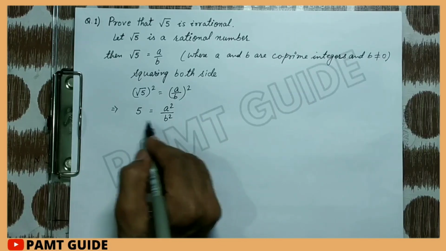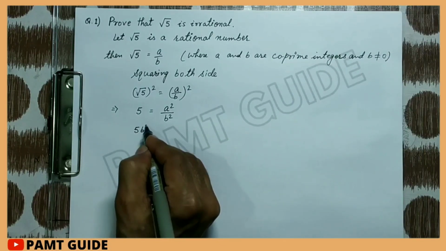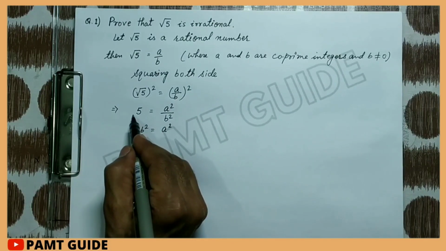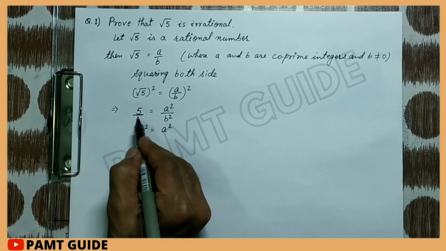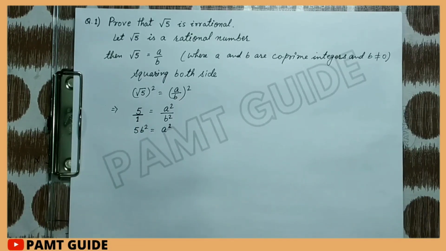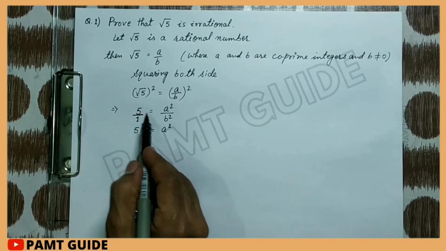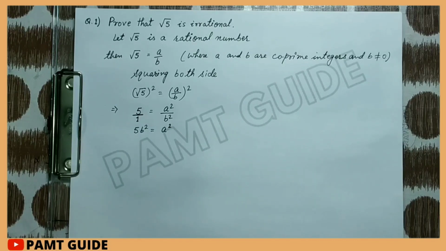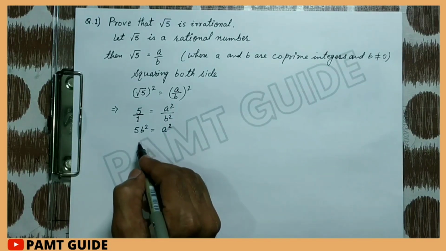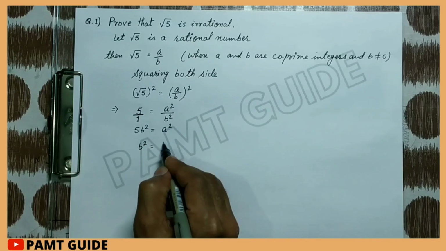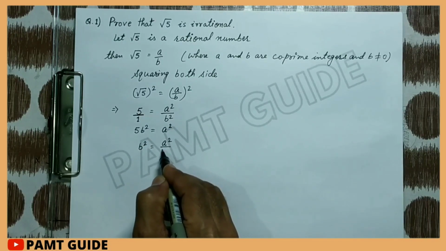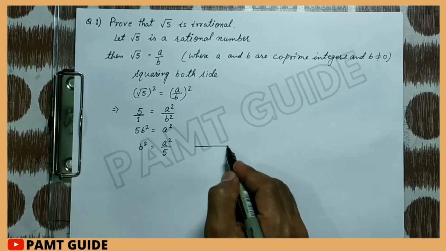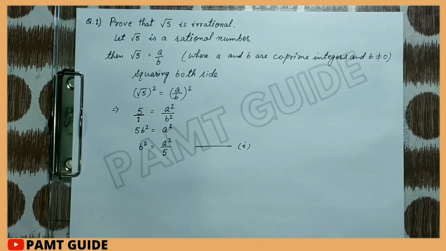When we cross multiply, we get 5b square equal to a square, because there is no denominator, so we take 1 as a denominator. When we cross multiply, 5 into b square is 5b square, and 1 into a square is a square. So b square equals a square by 5, and we call this equation number 1.